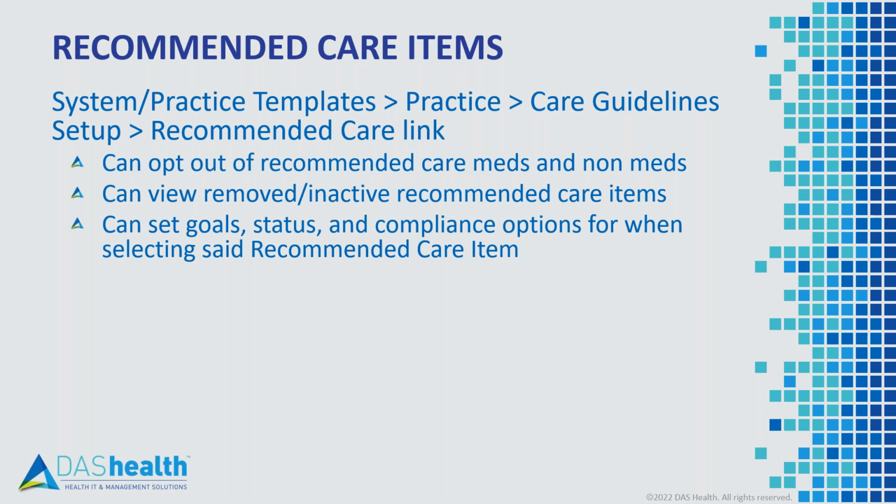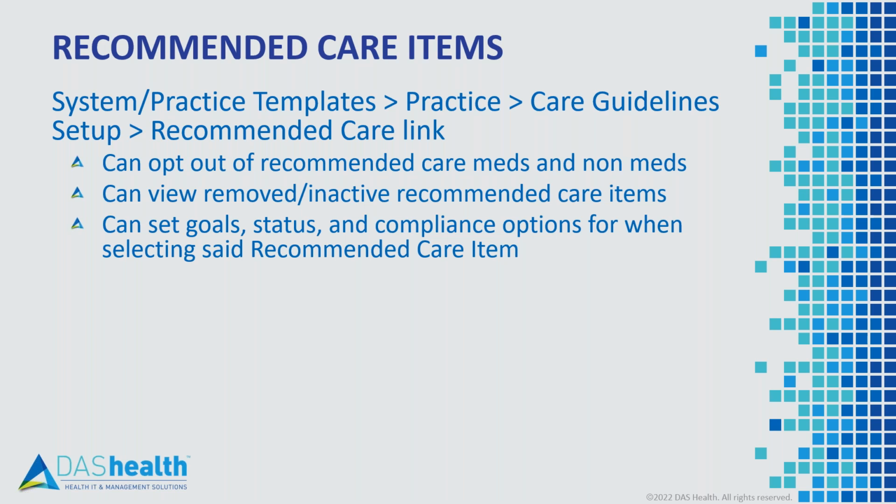Within that link, you can opt out of your recommended care guidelines, both meds and non-meds, basically meaning that you will only see and apply orderables to your patient population if you decide to opt out of those. This is the same exact functionality that we saw in the beginning with that top section of our care guideline system practice template. This is just a different way to access this.